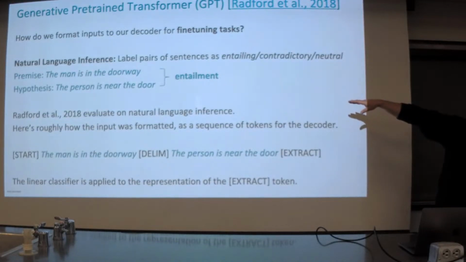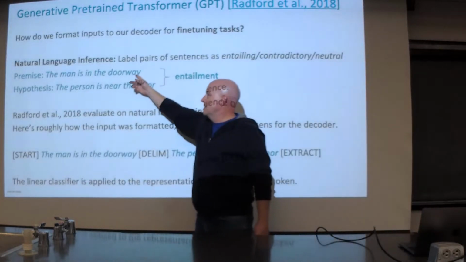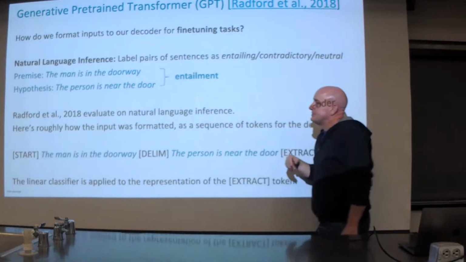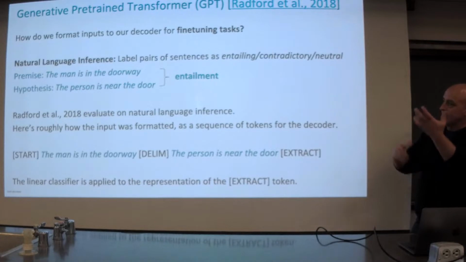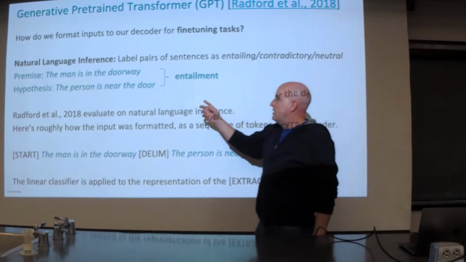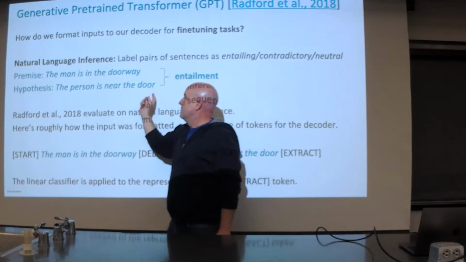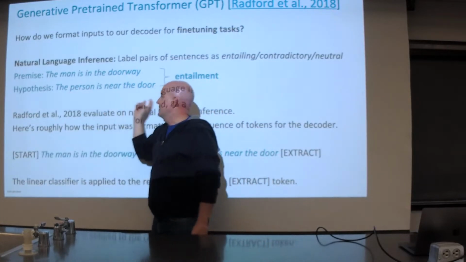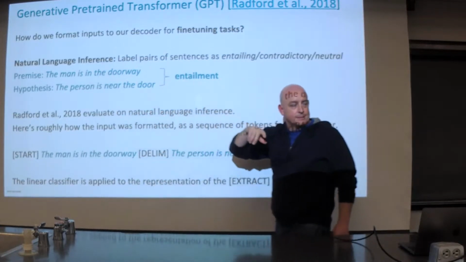The task is that you're given two sentences, what are referred to as the premise and the hypothesis. In this example, the premise is: the man is in the doorway. The hypothesis: the person is near the door. What you're trying to do is get this sort of logical inference, where you're saying, does the hypothesis follow, or is it entailed by the premise?